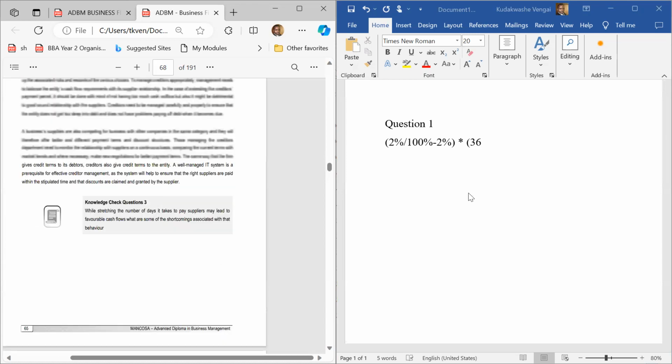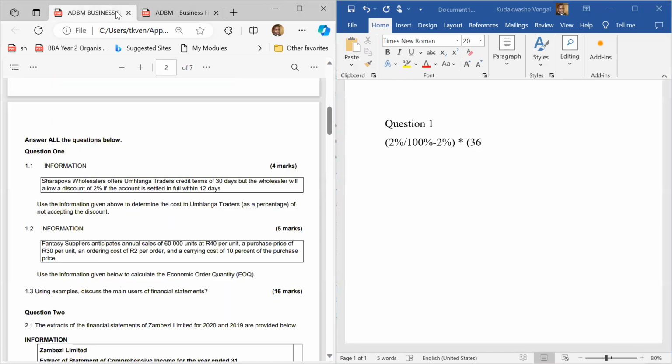All right, fine. 360 divided by 30 days minus 20. And we close our brackets and we multiply everything by 100 because it's a percentage, right? And we put all of that in a calculator.